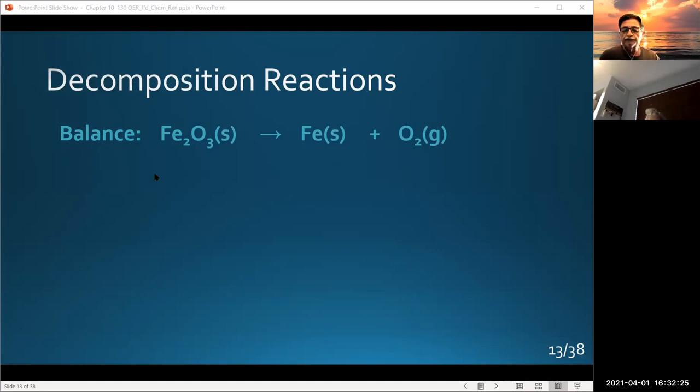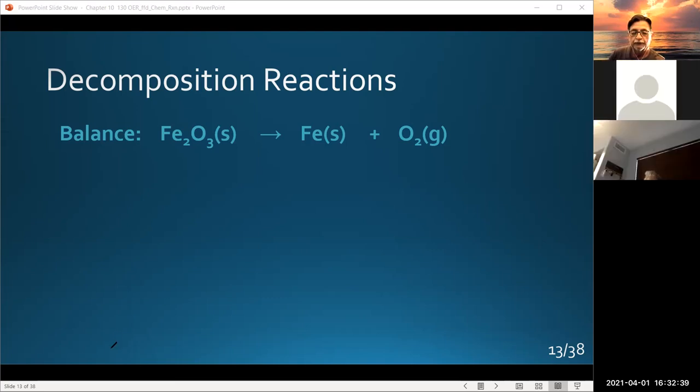Okay, a decomposition reaction. This one here, Fe2O3, aka, anybody remember what the name of that was? Iron oxide? No. Well, hold on. You are 50% correct. Okay, which is good. And that is the parent name, iron oxide.